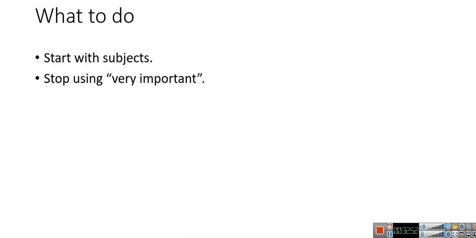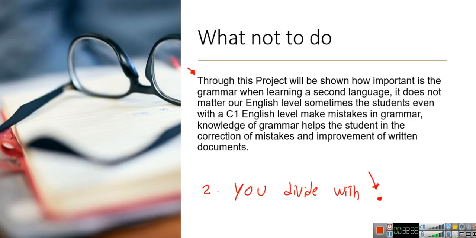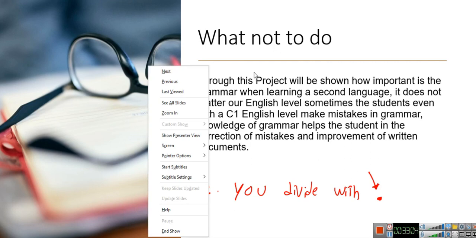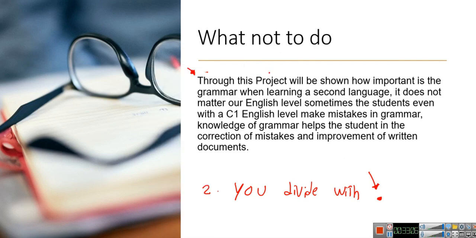So what to do? Start with subjects. This one was also mentioned by Alejandro, and it is that here he says, "through this project will be shown how important is the grammar." And he's not really using a subject. He's starting with a grammatical word, "through this project."